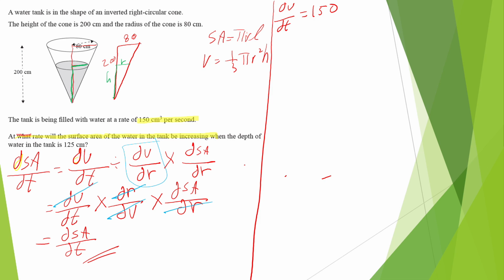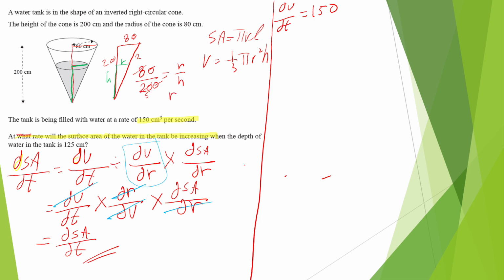So similar triangle really, it's 80 over 200 equal to R over H, similar ratio. So you can use this. I can cancel this one out. So this gives me divided by 4. So that's 2 over 5.